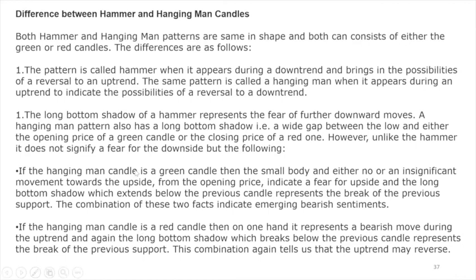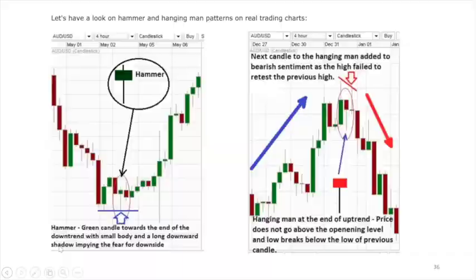In a hangman, if the small body candle is green, the small body shows no significant movement towards the upside. That means no tail from the opening price, indicating the fear of upside, and the long bottom shadow extended below the previous low.